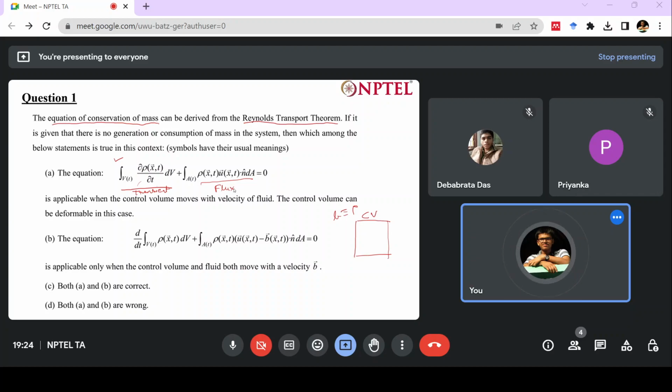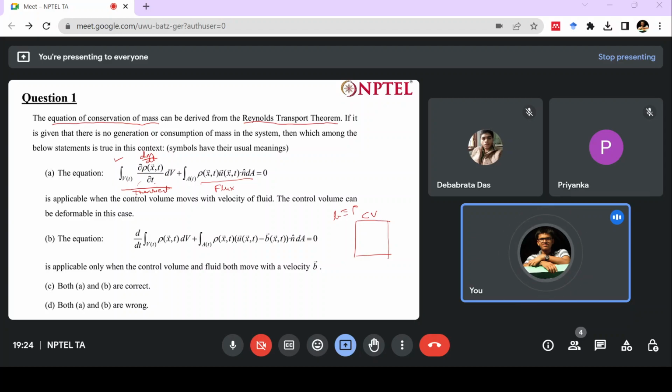So we are checking the mass flux. The second term is the mass flux coming in and out of the system. This is basically dm/dt if we write it in terms of mass. If we expand this we will get this integral formula.